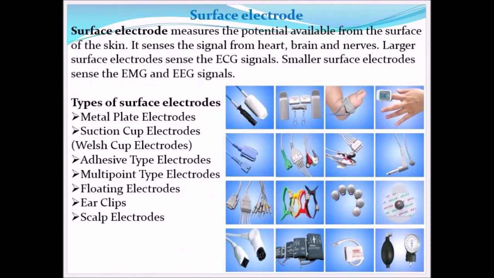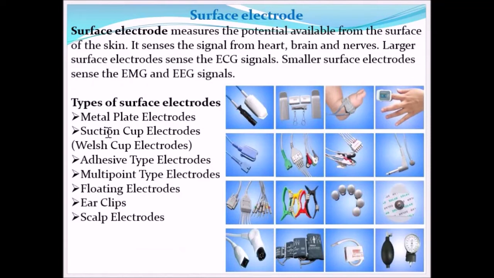If there is some vigorous change in the biopotential signals, then we can go for measuring the particular cells using the needle or micro electrode. All the readings are taken initially using the surface electrode. You can see the pictorial representation of the different types of surface electrode.